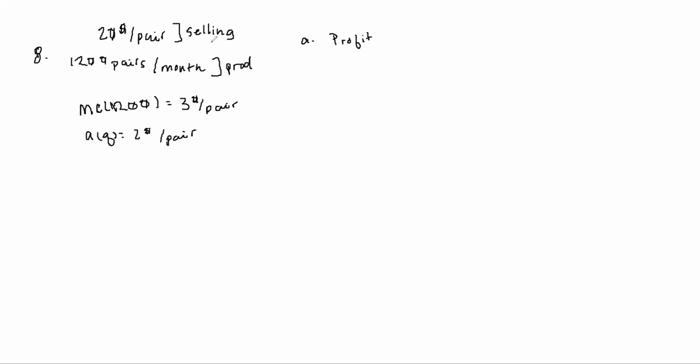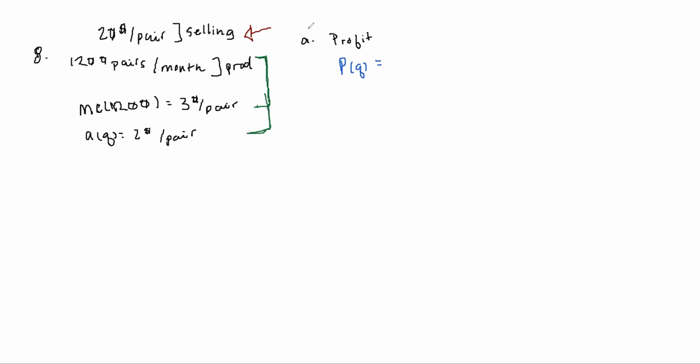So say I have a function for profit, P of Q. How can I represent profit in terms of two things that we know and love, two things that we love to work with? I have what I'm selling for, and I have production, so number of units and price.